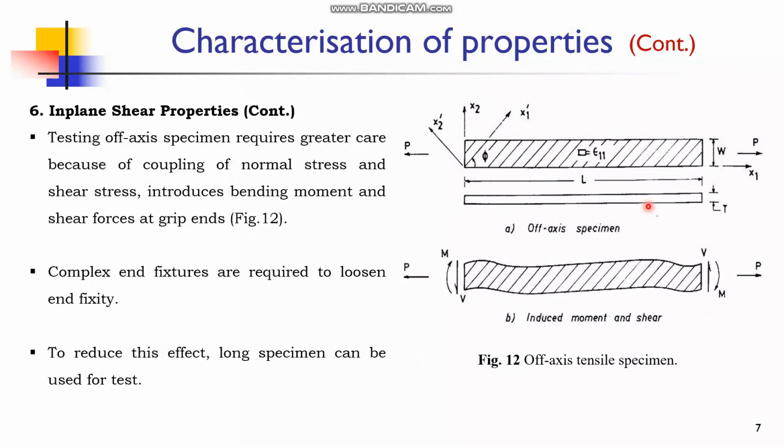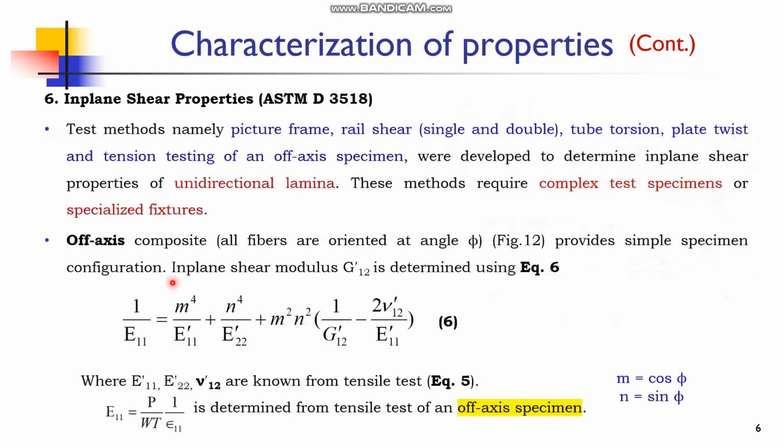In this off-axis tensile test specimen, we choose fiber oriented at an angle phi with reference to the horizontal axis, or x1 axis, and we conduct the test. Using this method we can find out the in-plane shear modulus, that is G12.